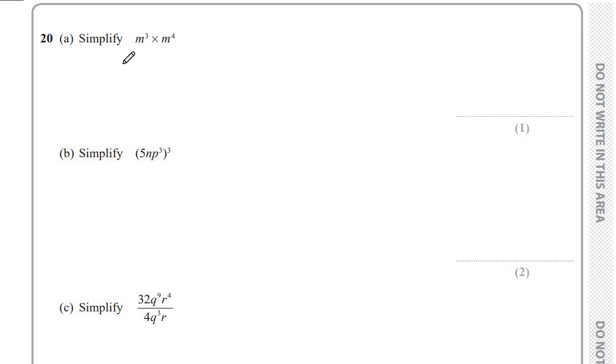Next we have this. So if you multiply them, you have to add the powers. So it's m to the power 7. In here, well, we need to multiply 5np cubed 3 times to itself. Well, so that is going to look like this.